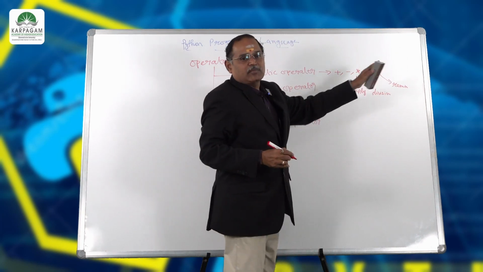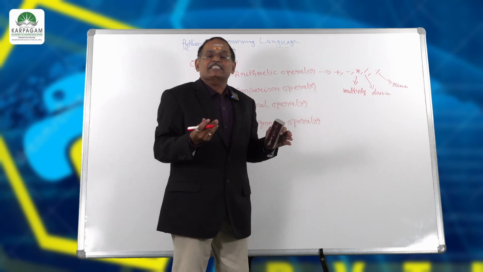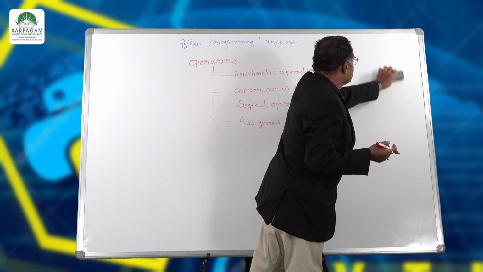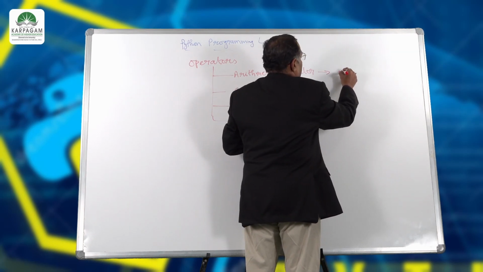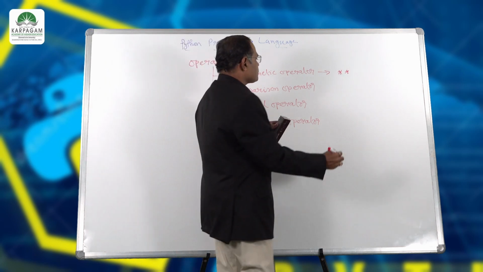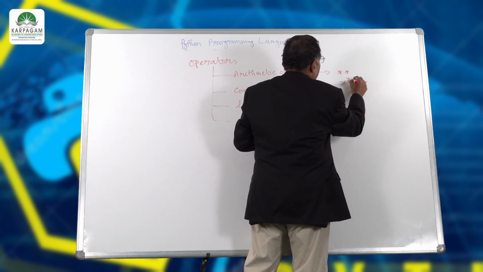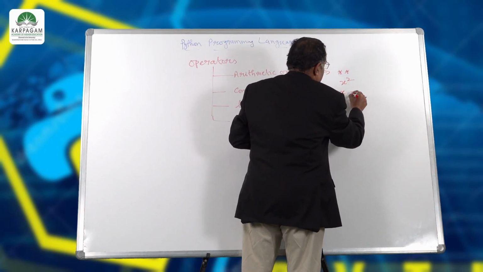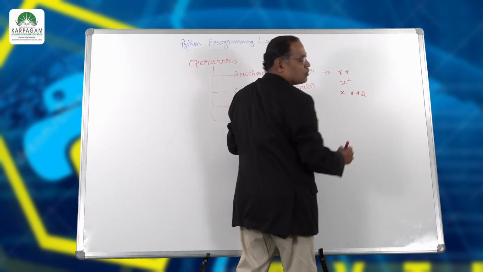Other than this, we have two more operators. One is exponent, the double star. For example, if I want x square, I can write x double star 2.